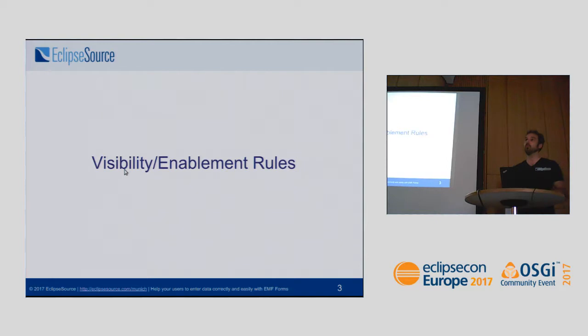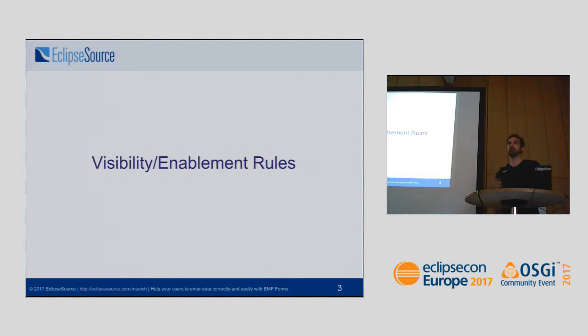Okay, the first feature I would like to present is visibility and enablement rules. That's a very frequently requested feature if you get started with EMF Forms. The idea behind that is that very often in forms you have some conditions, and based on those conditions you want to show certain fields or not.